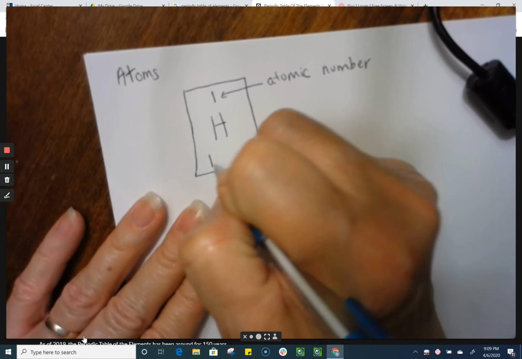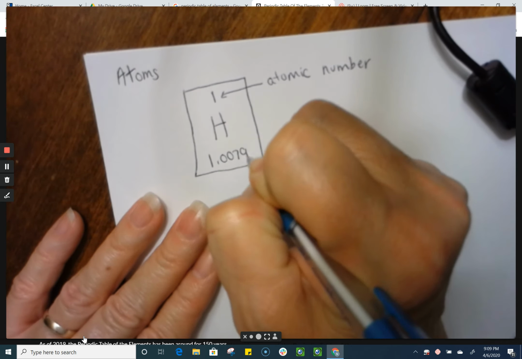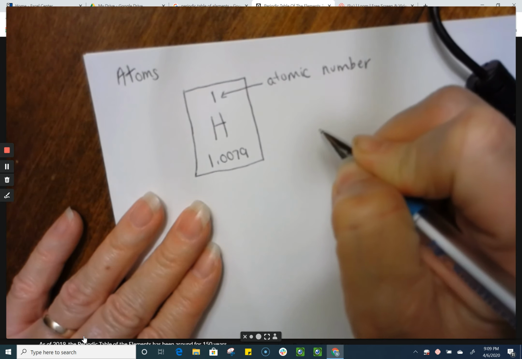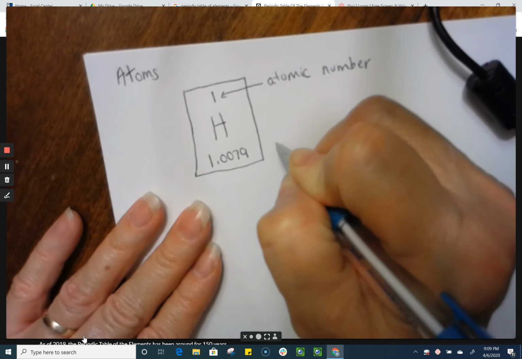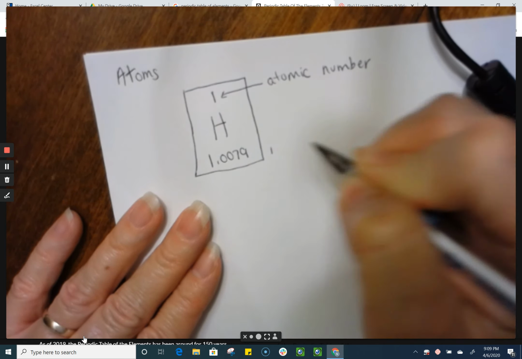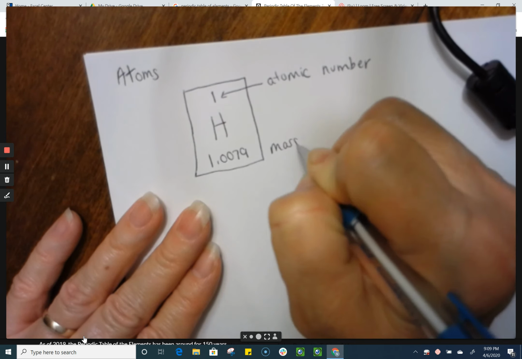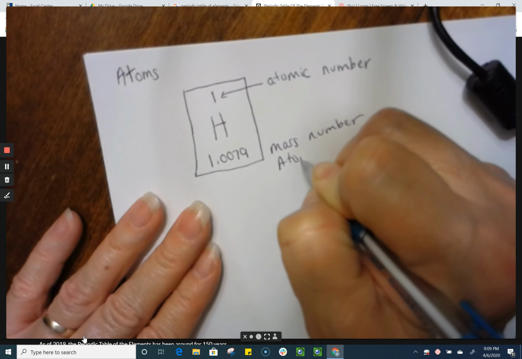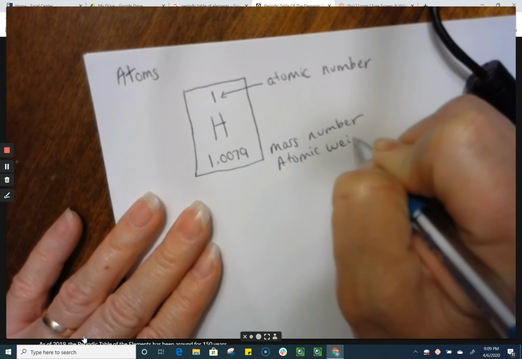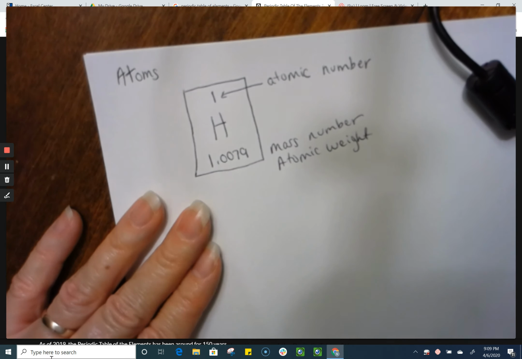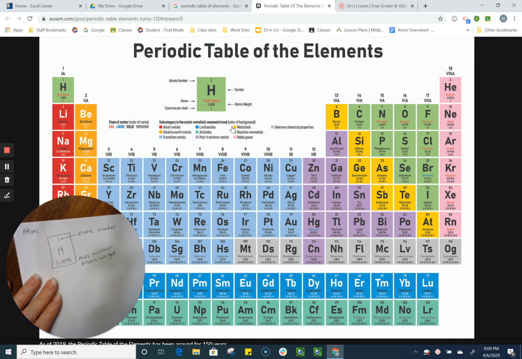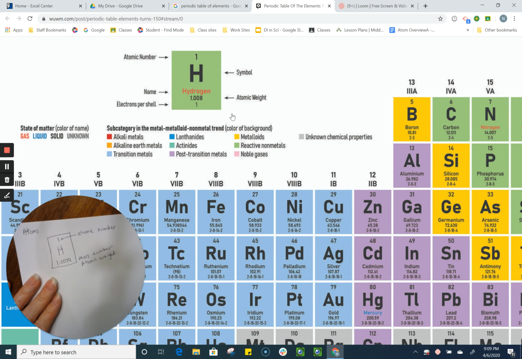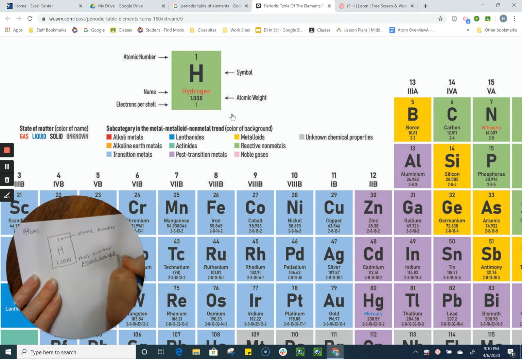And then there's generally another number with a decimal, maybe referred to as atomic weight or mass number. Let me make this a little smaller. And here you can see on this periodic table, they're referring to it as the atomic weight. Okay.